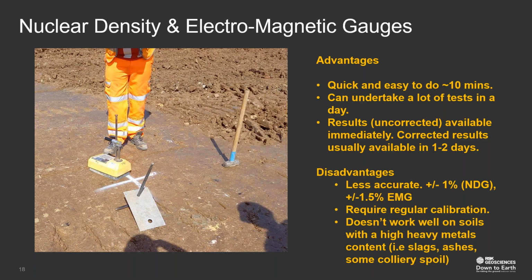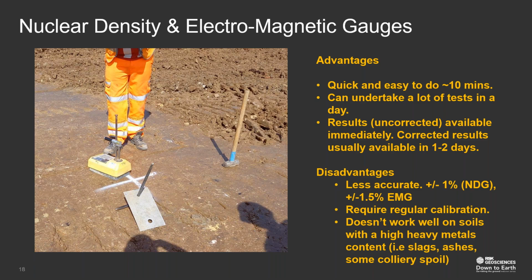Two probes are inserted into the ground, and then measure the radio frequency waves that pass between the two and how much is intercepted. Both are quick to do. They're relatively cheap, and you can do a large number in a day. And in general cases, you can get uncorrected results back almost immediately. So you've got a good indication of how well your materials performed.